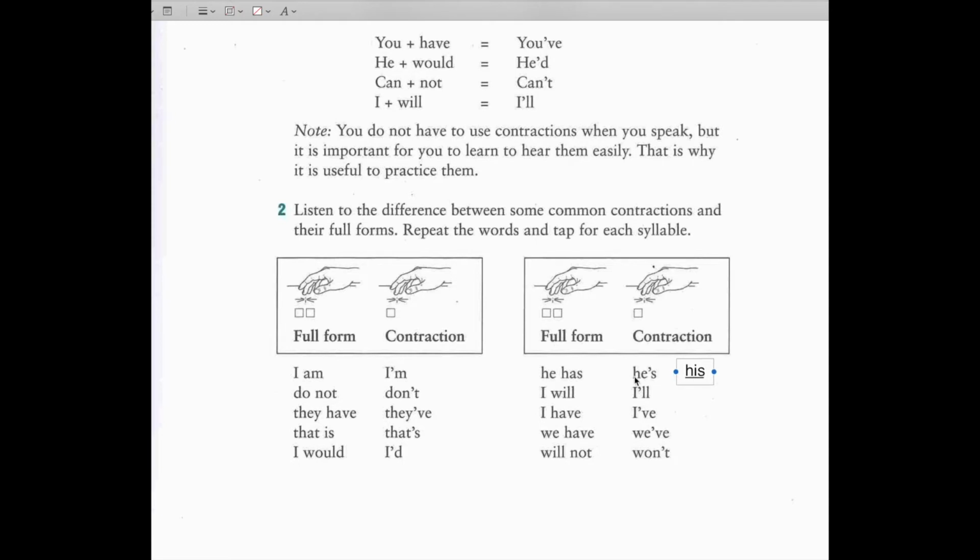Let's try that together. He's, his. So one thing you'll notice is that we do keep that E sound in he's. But again, his is a shorter word. Students often get these two words confused when it comes to pronunciation.